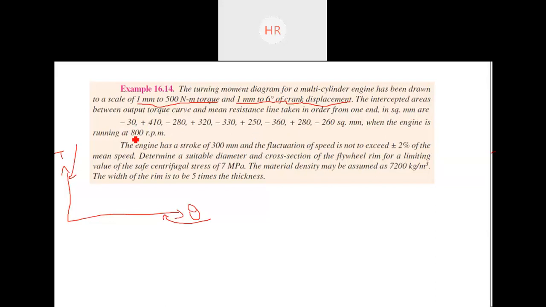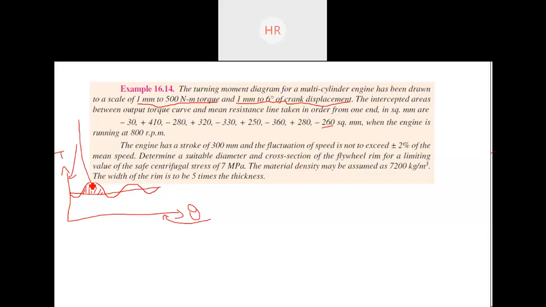So these areas, starting from left to right, are negative 30, positive 410, negative 280, positive 320, negative 330, and so on, likewise up to negative 260 square meter. So these areas are given to you.